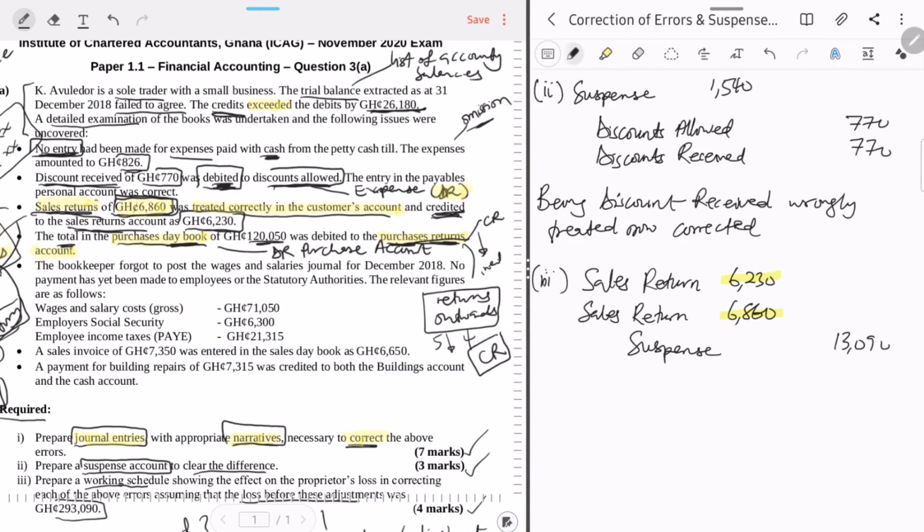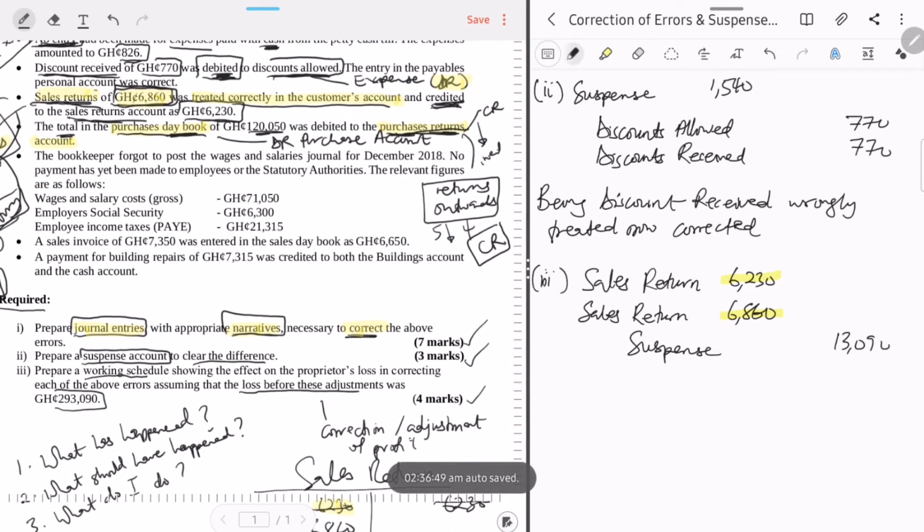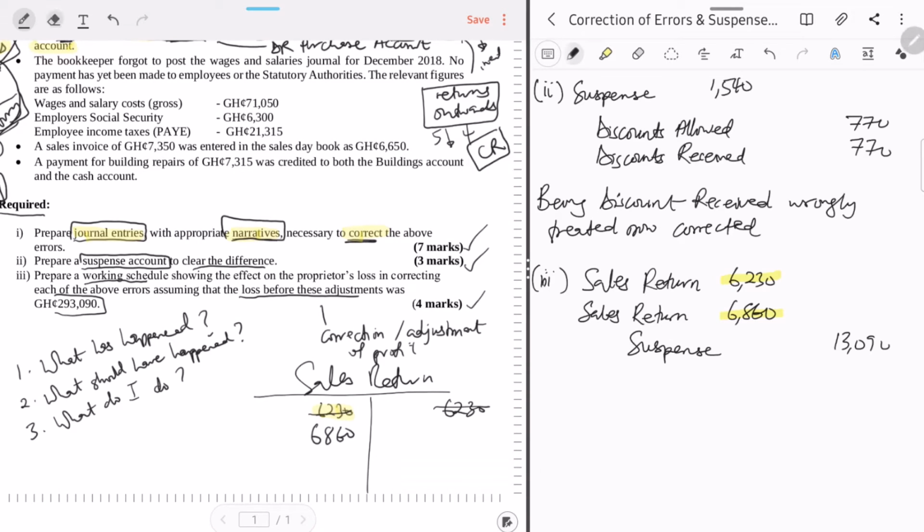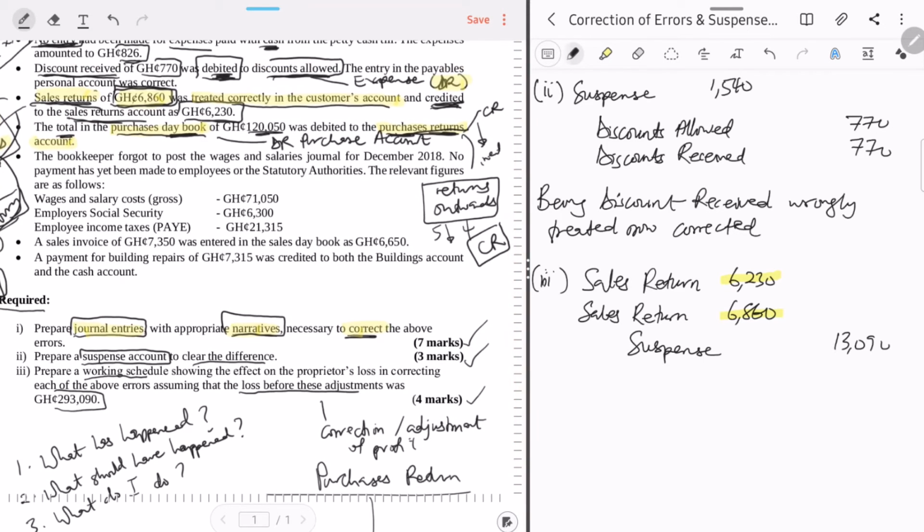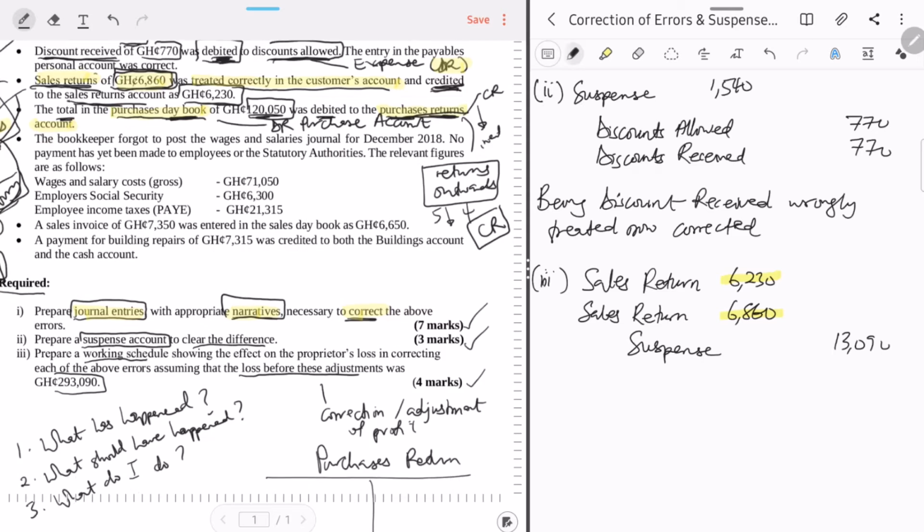They are saying that the total of the purchases day book was debited to the purchase returns account. So when we go to the purchases returns account today, what we'll see there is this. They are saying that 120,050 has been debited to this account.